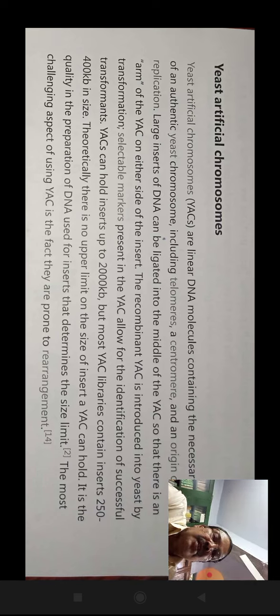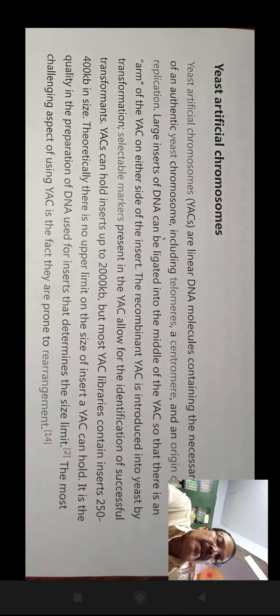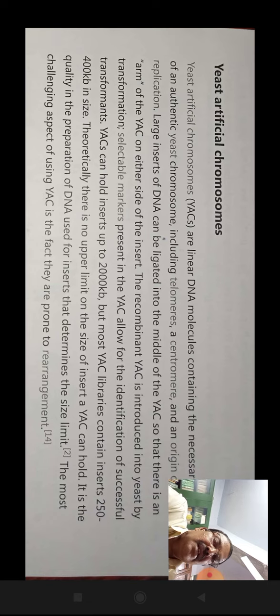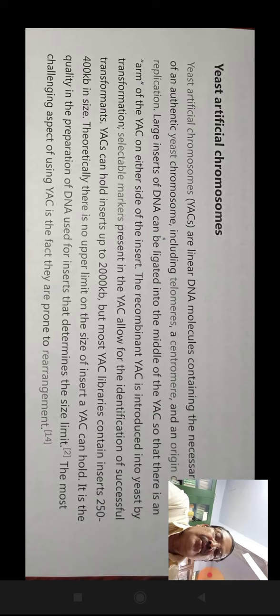Yeast artificial chromosomes can hold inserts up to 2000 kilobase pairs, but most yeast artificial chromosome libraries contain inserts 250 to 400 kilobase pairs in size.